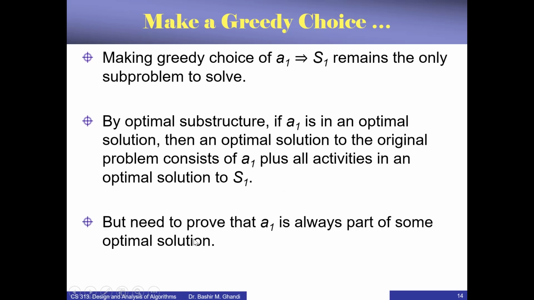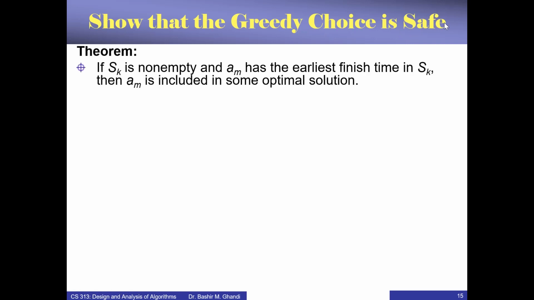But we need to prove that A1 is always part of some optimal solution. In other words, we need to show that the greedy choice we have made is safe. So that's the next step: show that the greedy choice is safe. And for that we have a theorem.